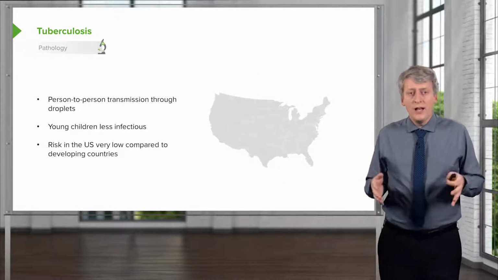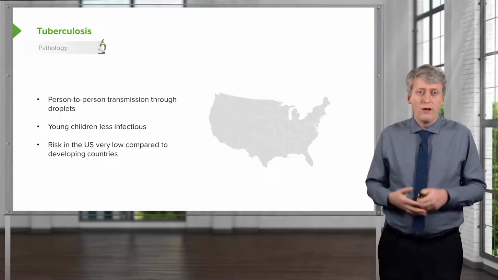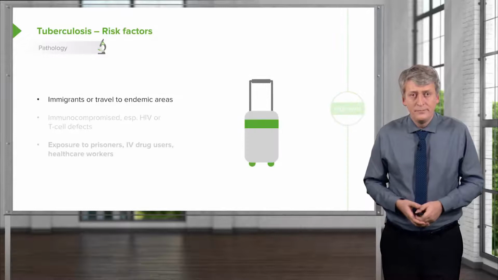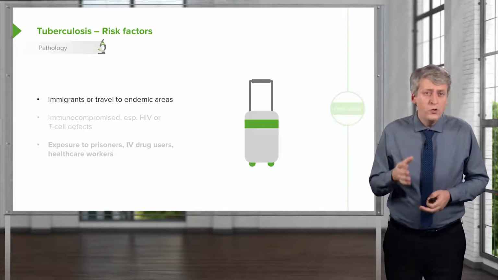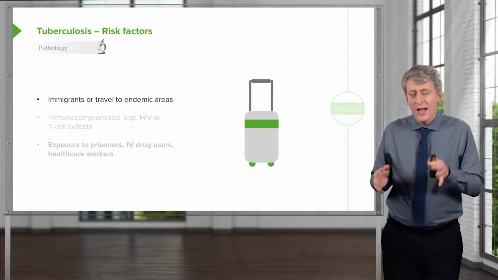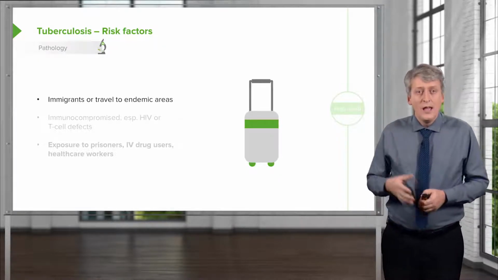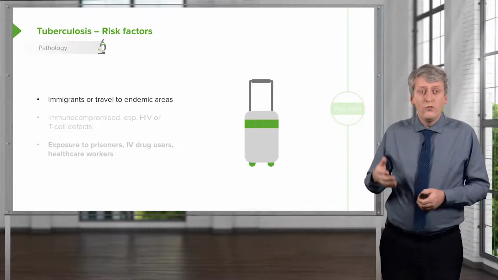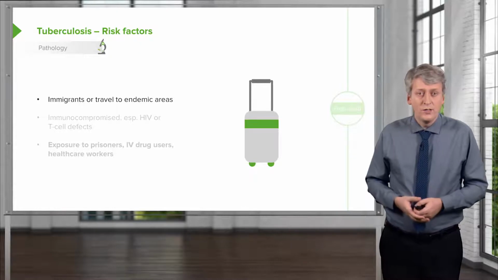In the United States, fortunately, the risk is very low compared to many other countries who are suffering from tuberculosis. A few risk factors, therefore, are usually key to making the diagnosis of tuberculosis in children in the United States. Immigrants or people who've traveled recently to endemic areas are at increased risk for tuberculosis.